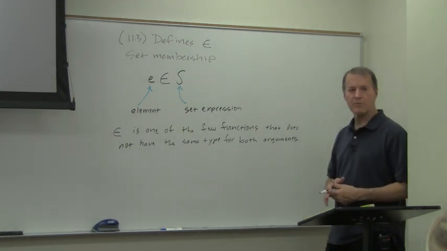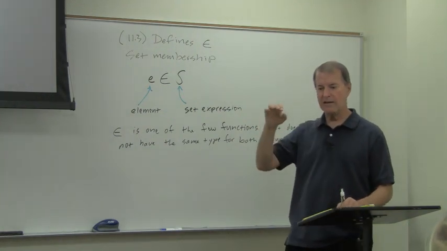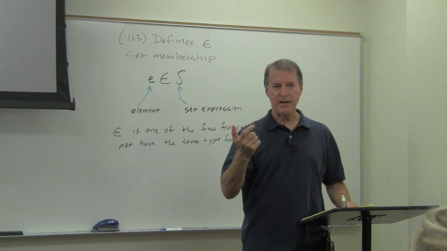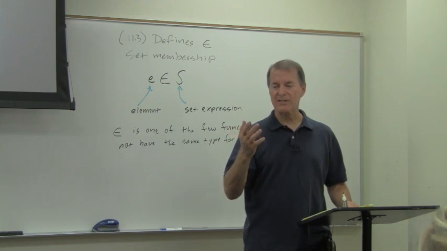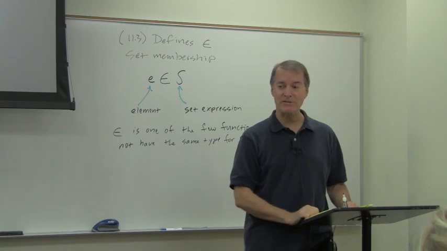Now, do you remember whenever we said equals? Suppose you say x equals y. If you consider equals to be a function of two variables, what is the type of the equals function? I think I asked you this on a previous exam.